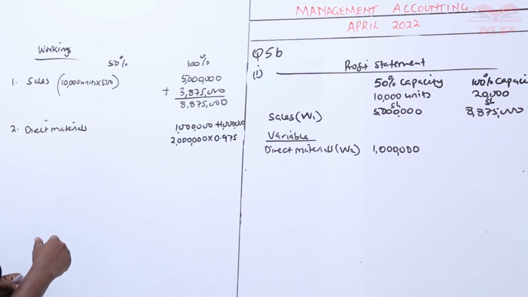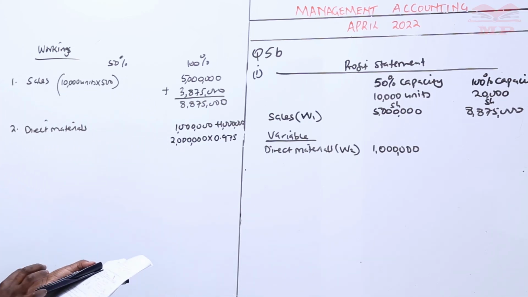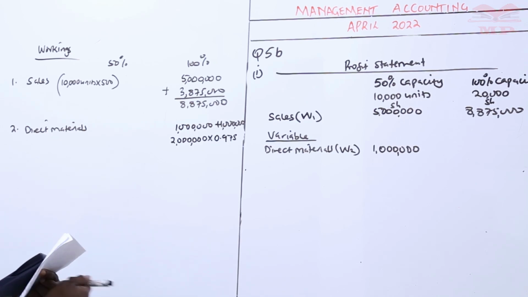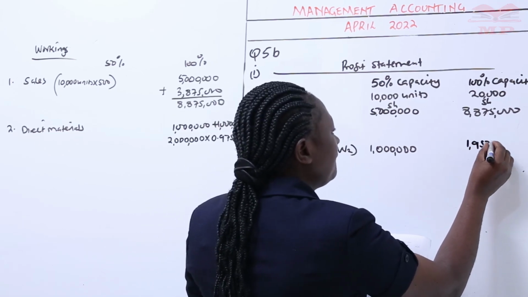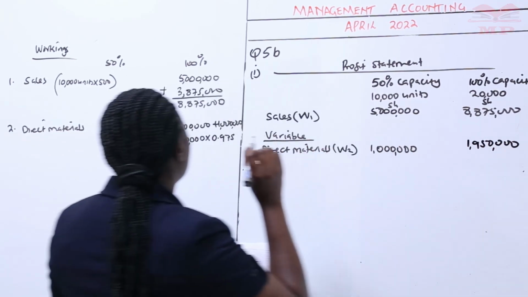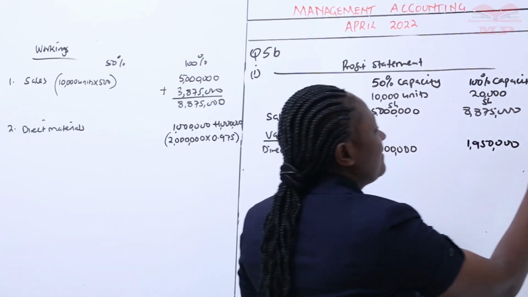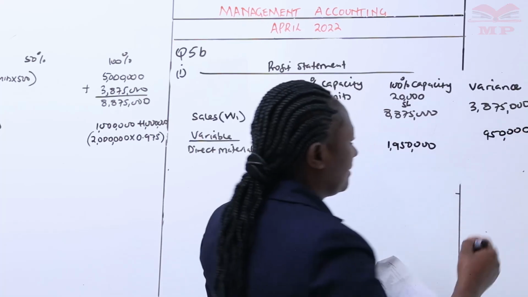So the price will reduce by that, and we will calculate that. The amount will be 1,950,000. Then we get the variance, which is 950,000.